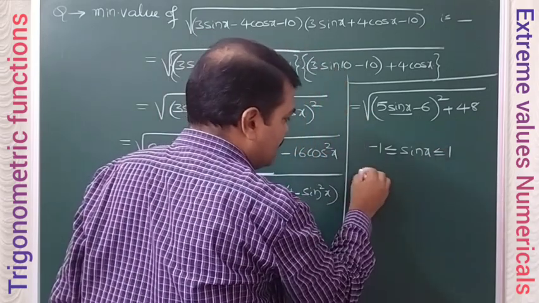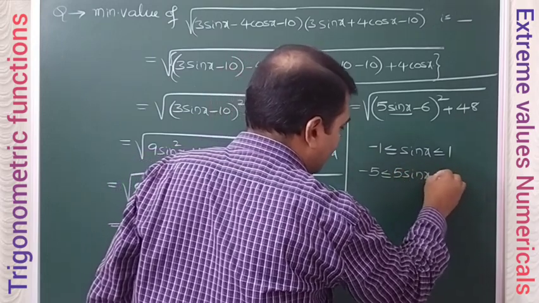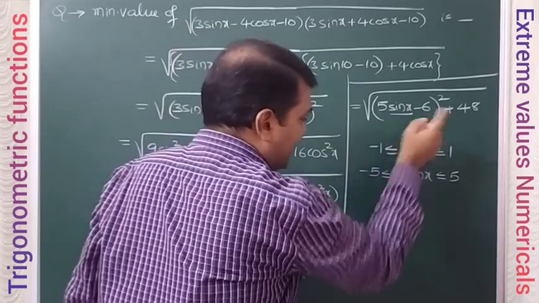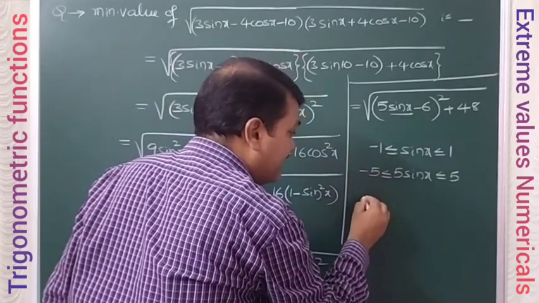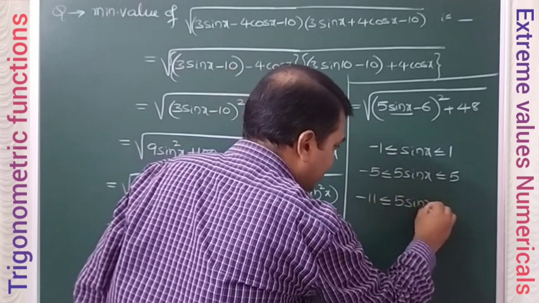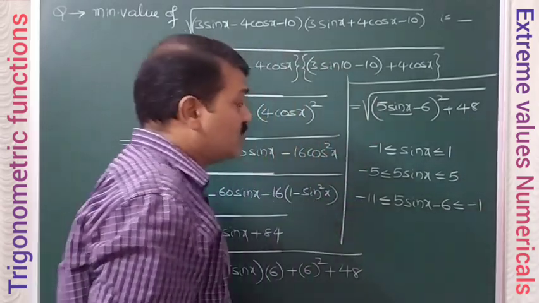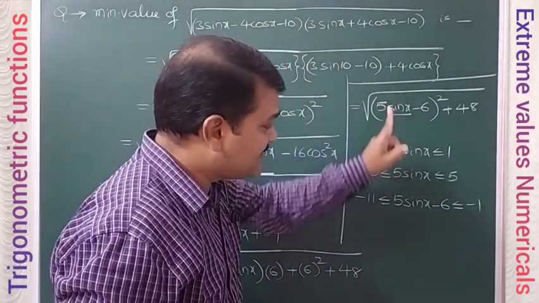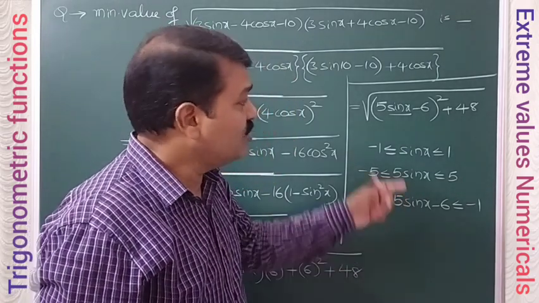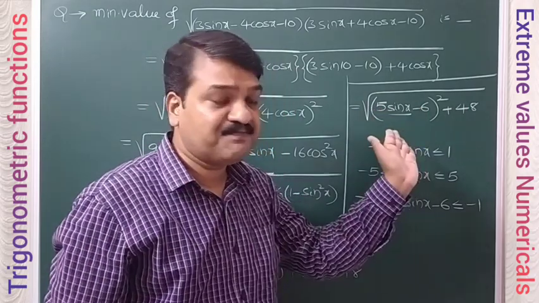Multiply by 5: minus 5 is less than or equal to 5 sine x is less than or equal to 5. Subtract 6: minus 5 minus 6, so minus 11 is less than or equal to 5 sine x minus 6 is less than or equal to 5 minus 6. So 5 sine x minus 6 lies in this interval. So what value are you going to take here such that the expression is least?